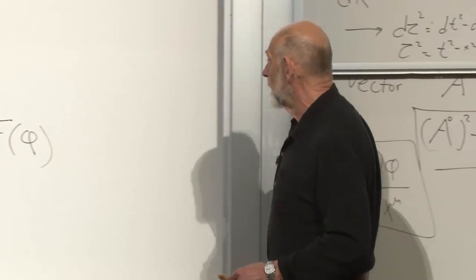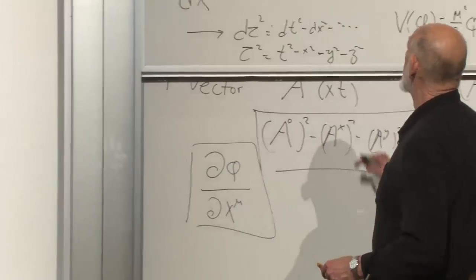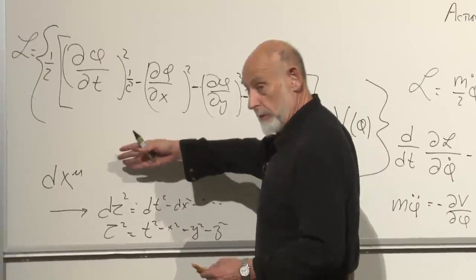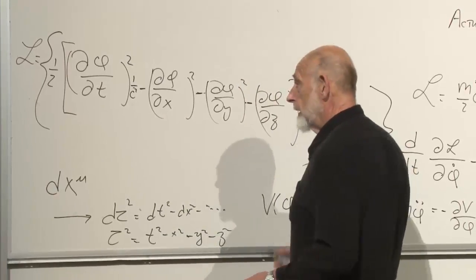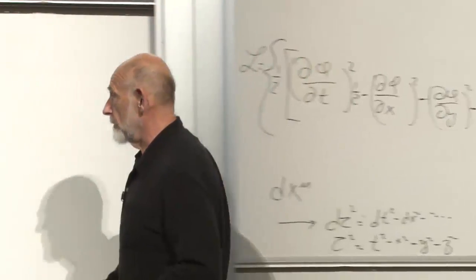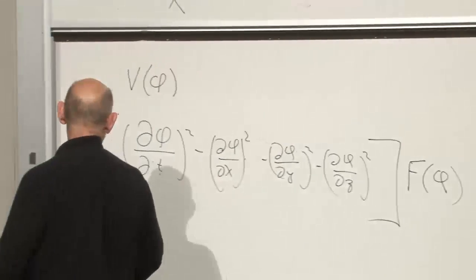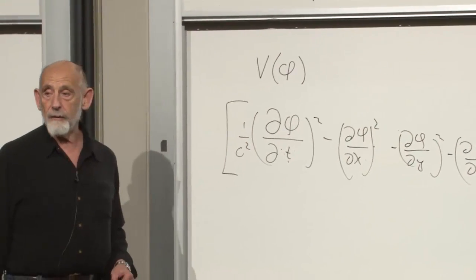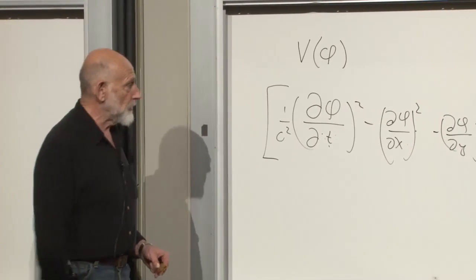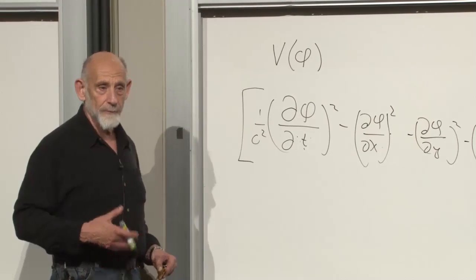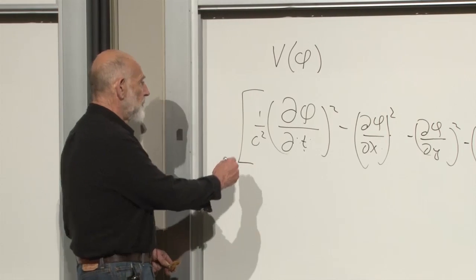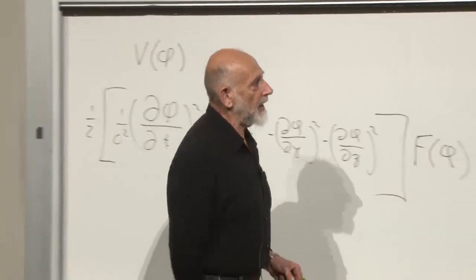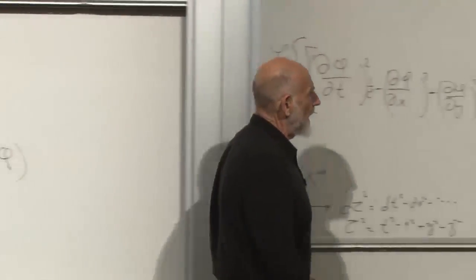Okay. All right, so once we do that, we now see why I chose it the way that I did. Of course, to restore the units, we would want to put a 1 over c squared here. And purely for notational reasons, purely for conventions, we put a 1/2 there in front of the whole thing. It's the same 1/2 that goes in front of 1/2 mv squared.